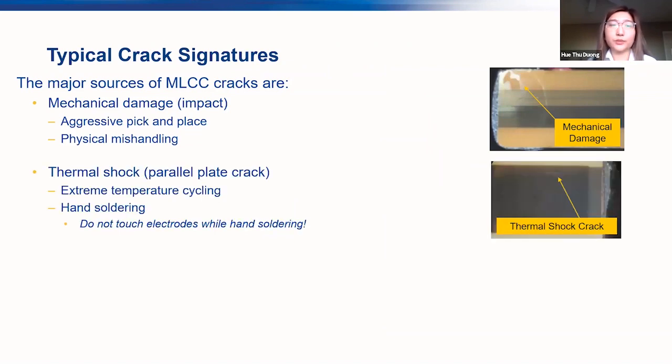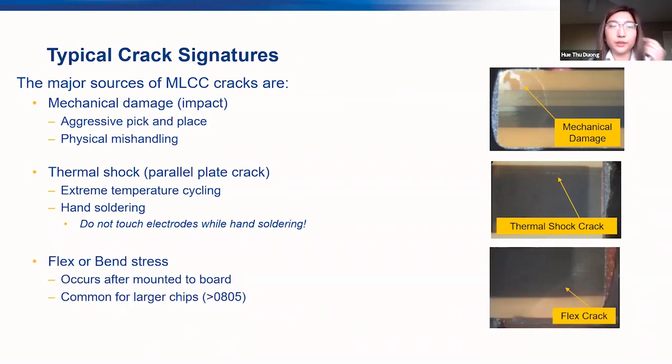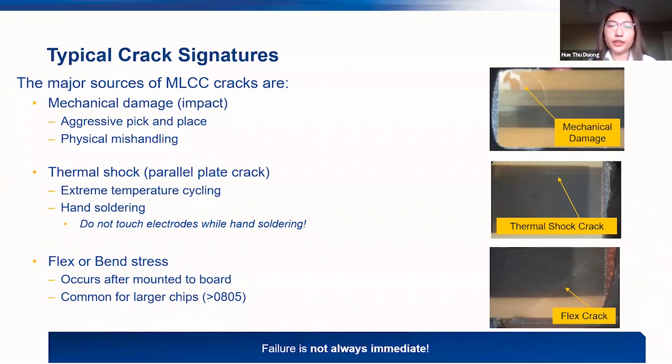The second being thermal shock, which will create a parallel plate crack, which you can see here, due to extreme temperature cycling and hand soldering. The last one being flex or bend stress, which occurs after the part is already mounted to the board and will be more common for larger chips. And failures will not always be immediate, and we'll get into why in a bit.